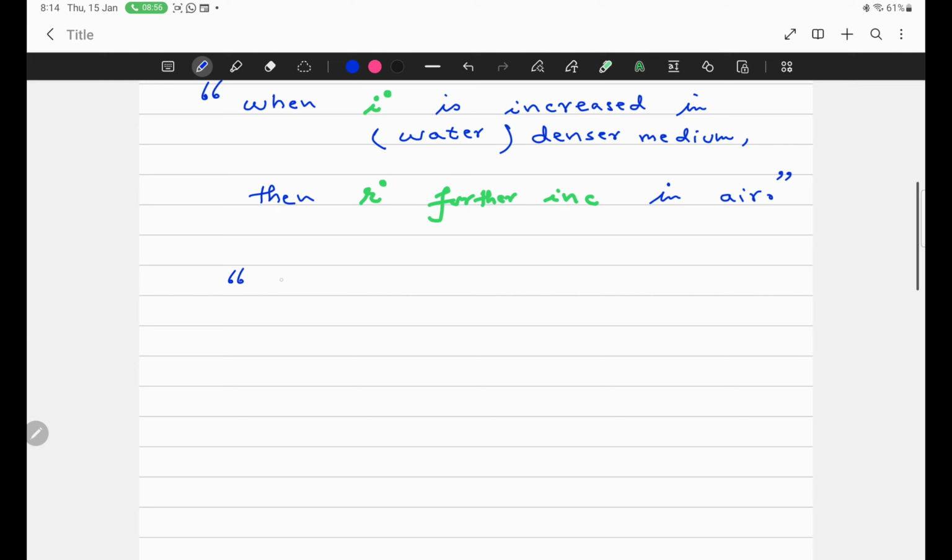And the key word is the incident angle. It is the definition of critical angle.